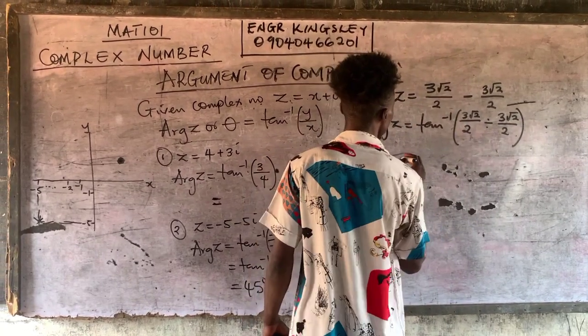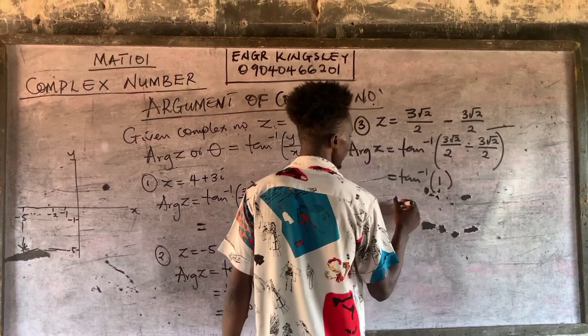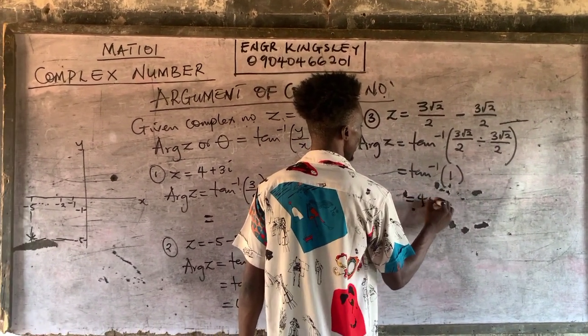So when we do it, we have tan inverse of this divided by this, which will give me 1. So tan inverse of 1 will give me 45 degrees.